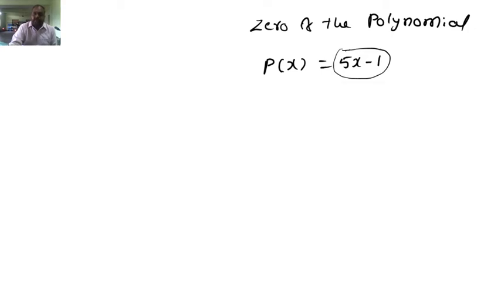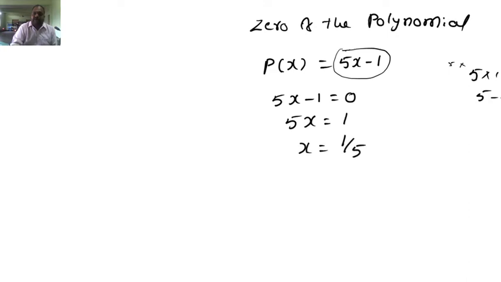Suppose you substitute 1: 5 into 1 minus 1, that is 5 minus 1, which becomes 4. It is not 0. So the zero of the polynomial 5x minus 1: 5x minus 1 is equal to 0, 5x is equal to 1, x is equal to 1 by 5. That means if we substitute 1 by 5 instead of x, it will become 0.